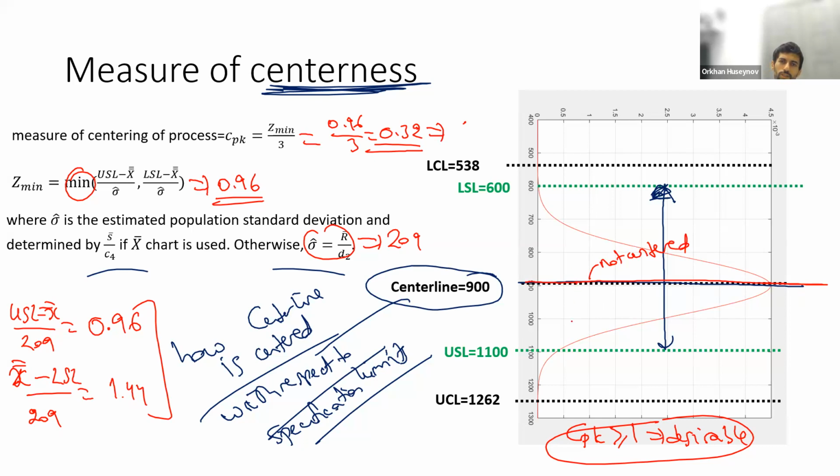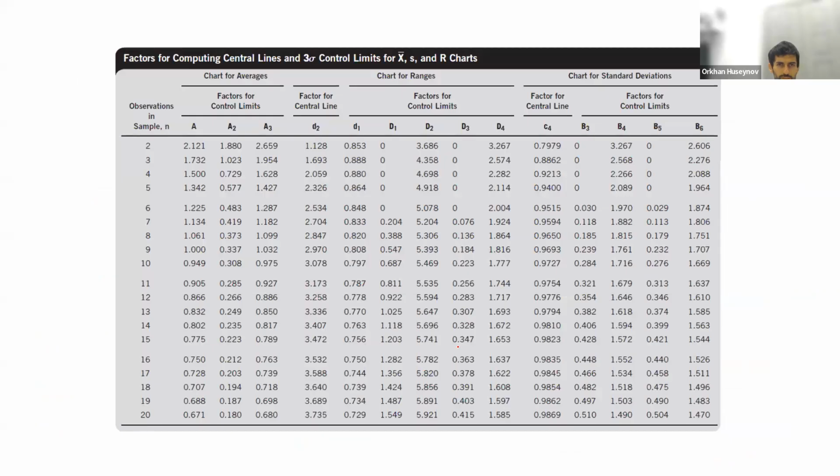This part is the minimum, and then we are comparing it with the center. As you can see, it is not centered and it's not desirable. The center line is not centered with respect to the specification limits. This is the measure of the centerness.